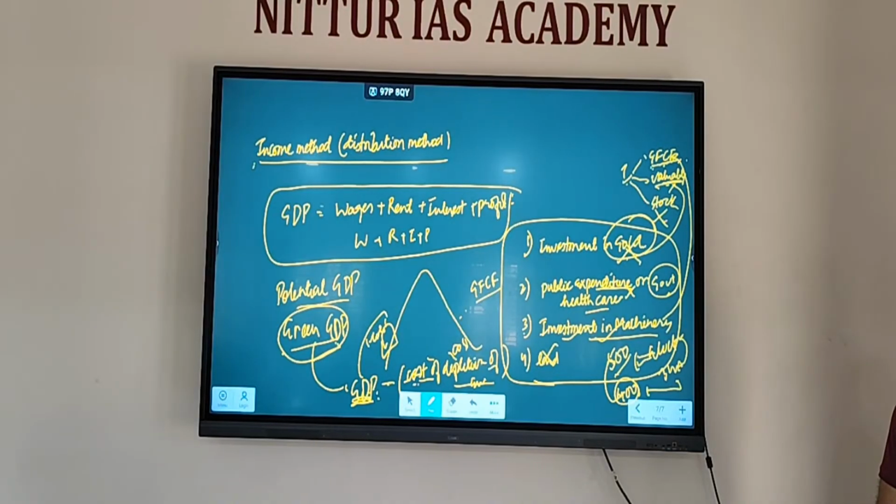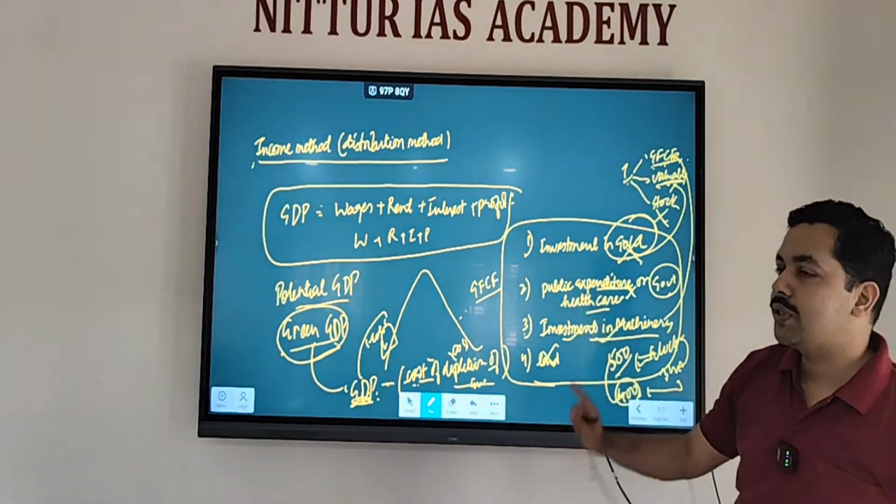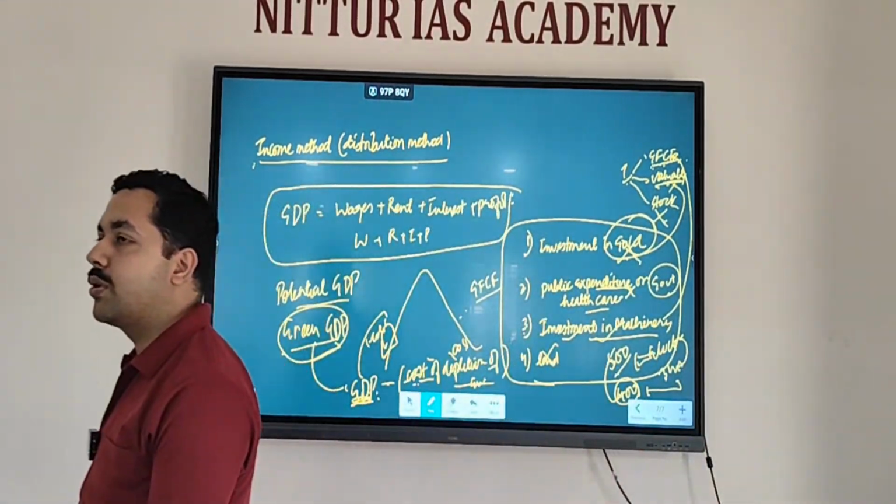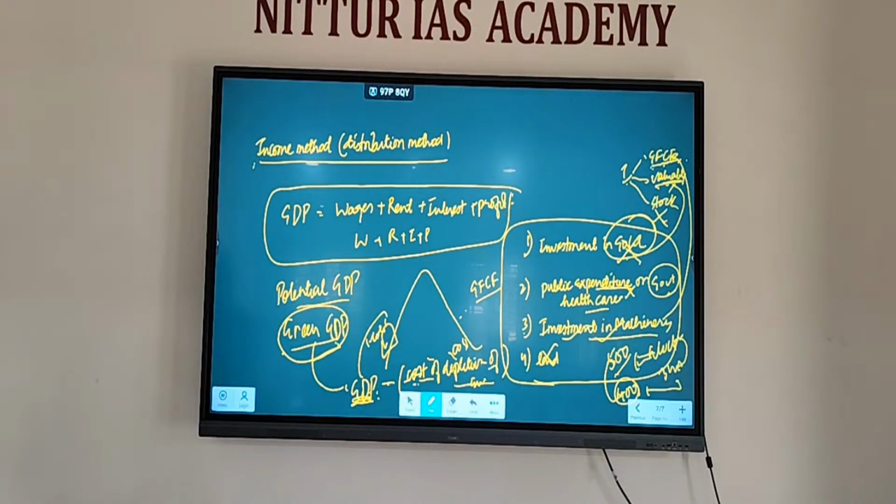Fine, any doubt regarding this particular term? So you write the definition of potential GDP and green GDP also. Potential GDP is defined as the capability of an economy to produce final goods and services.